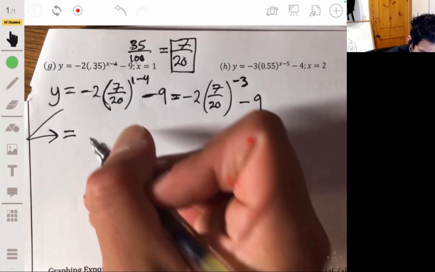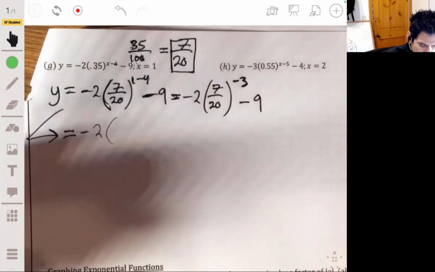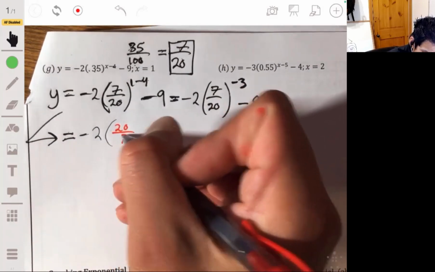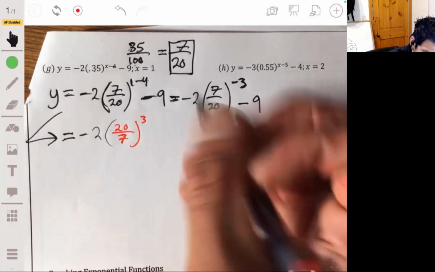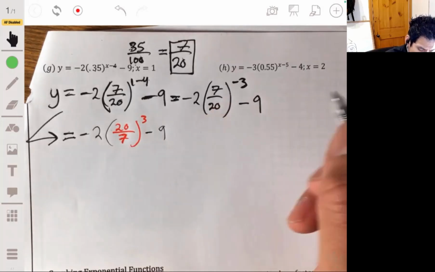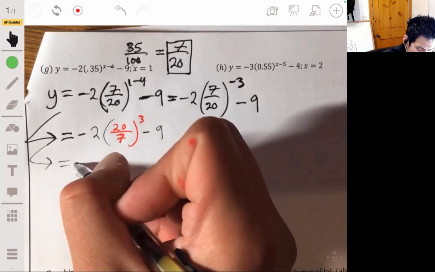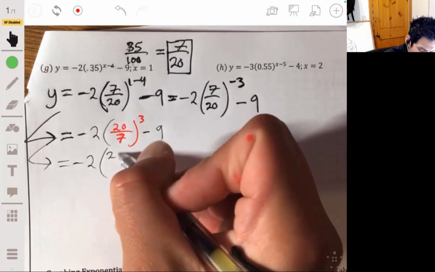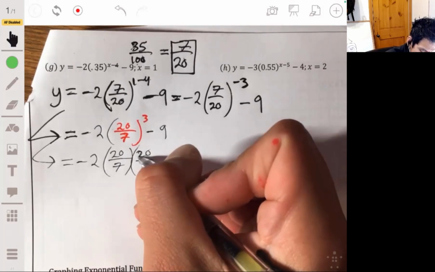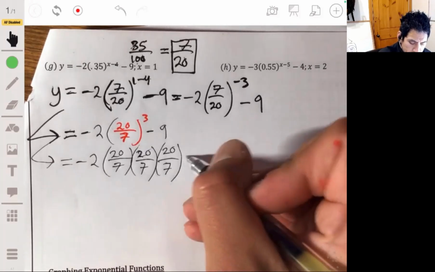We get negative 2. We're going to flip this fraction because we want to make the 3 positive. So we get negative 2 times 20 over 7 to the positive 3, minus 9, which then becomes negative 2 times 20 over 7 times 20 over 7 times 20 over 7, minus 9 afterwards.